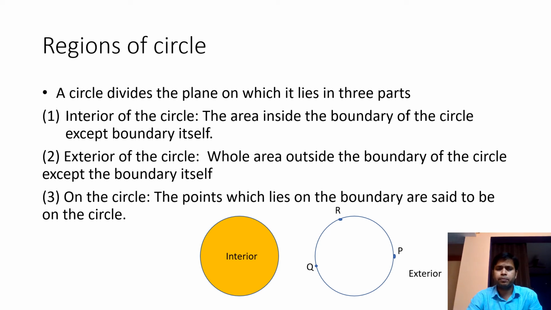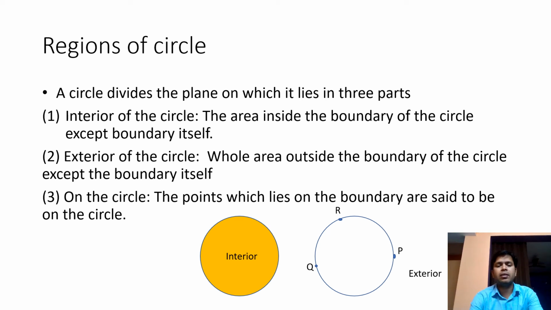Regions of a circle. If you draw a circle on a plane, then the circle divides the plane into three parts. First is the interior region of the circle. What is the interior region? The area inside the boundary of the circle, except the boundary itself, is known as the interior.